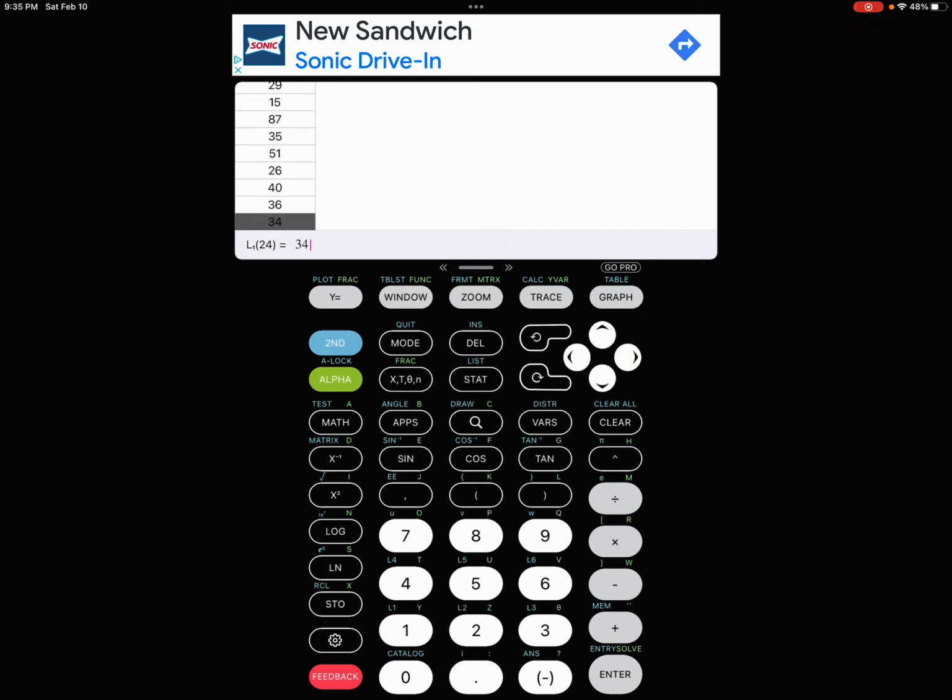Remember, we said we have 24 pieces of data, and I have entered 24 items into list 1, and that last entry was 34. Do make sure that you've entered everything in correctly. You can scroll up and down to verify your numbers. Just make sure that you do have everything entered in correctly.